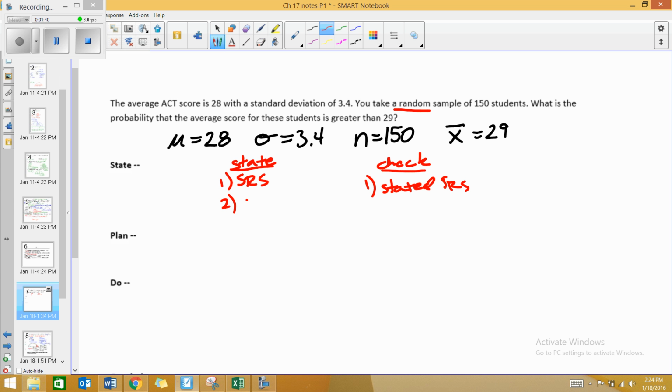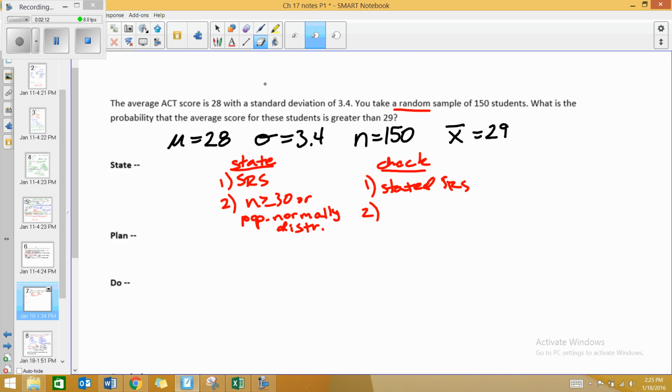Number two, our sample size needs to be greater than or equal to 30, or the population is already normally distributed. Well, I don't know anything about the population distribution. It might be skewed.